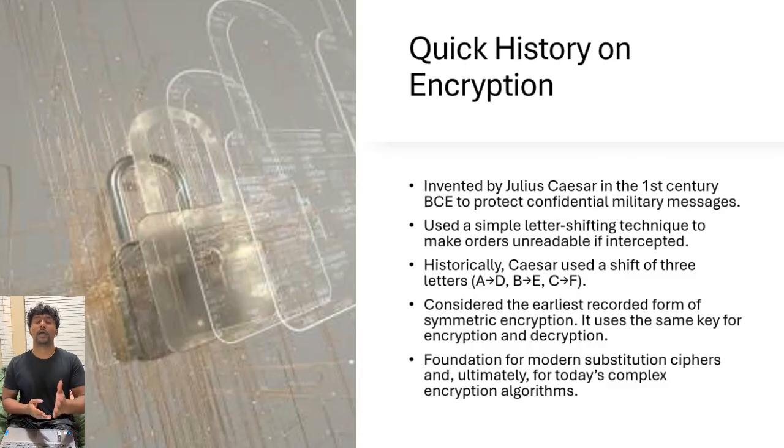A, if I go 3 letters over, would be D. B, 3 letters over is E. And C, 3 letters over is F. So essentially, if I wanted to encrypt the letters ABC, then it would become DEF. And the same key is used to decrypt it. If I wanted to decrypt the DEF, I would shift back 3, and then that would become ABC.